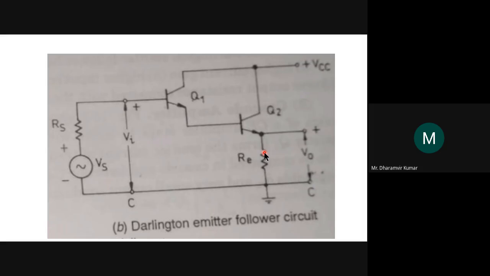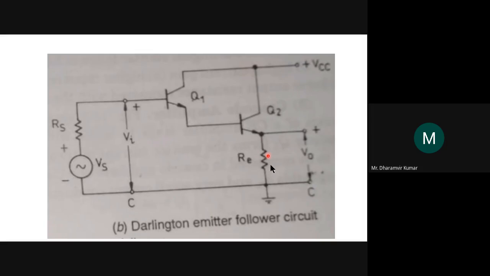So the insertion of this Re here gives us the benefit of using negative feedback in the circuit, and because of that the circuit becomes more stable with respect to changes in the voltage, temperature, or beta.